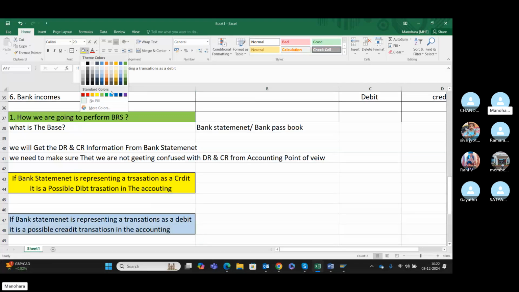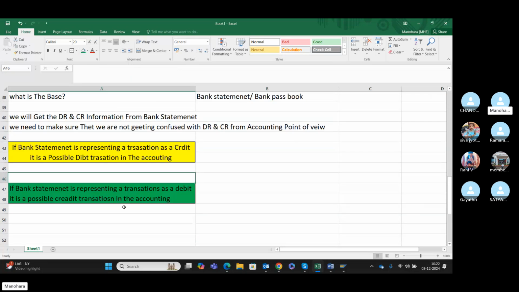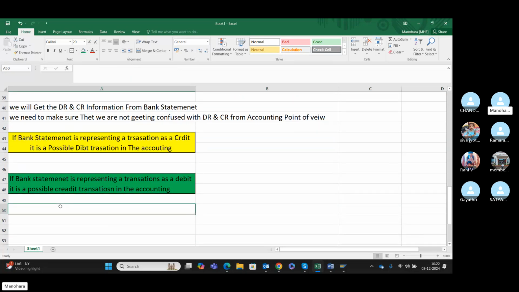If the bank statement represents a transaction as a credit, it means a debit in our books, right? And if the bank statement represents a debit, then in our accounting the transaction is a credit, right?